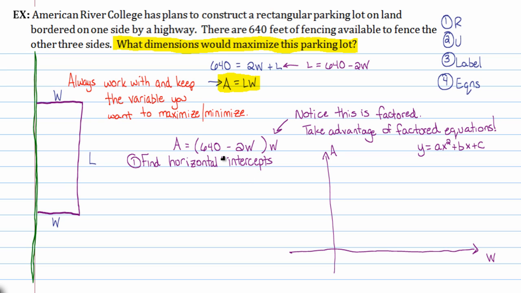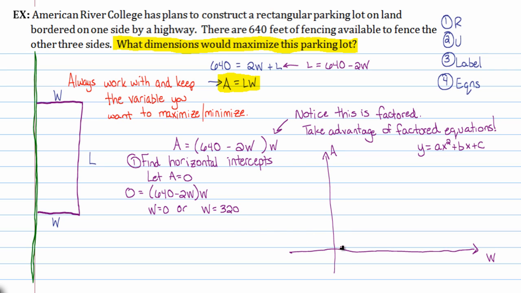How would you normally find an x-intercept, which is a horizontal intercept? You let the output, or y, or in this case a, be 0. So we let a equal 0. If you do that, you get 0 is equal to 640 minus 2w times w. And this is beautiful because this tells me the area is 0 when w is 0 or when w is 320.